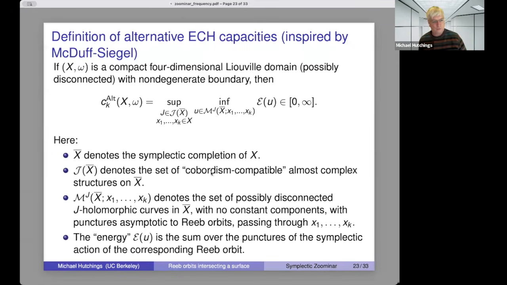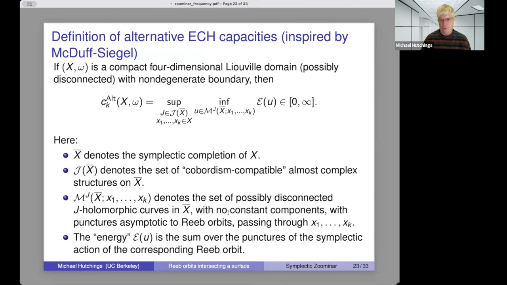And then this moduli space M_J. So I look at holomorphic curves in X bar, which are required to go through k points in X, which are x_1 through x_k. And to avoid triviality, I don't allow any component of my holomorphic curve to be a constant map.